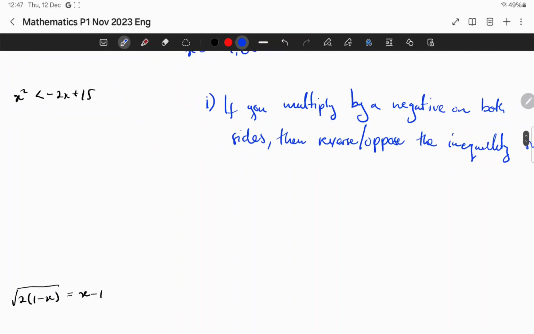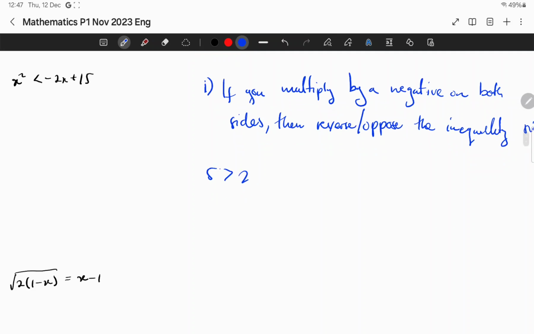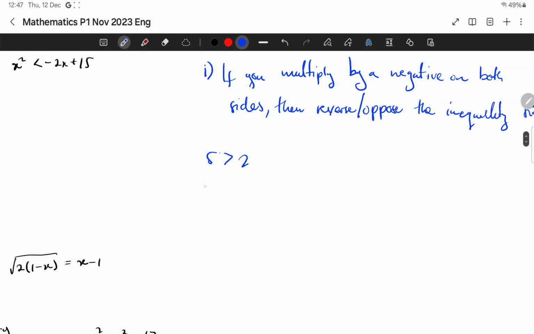And you can see how this makes sense. For example, if you had 5 is greater than 2, and I multiply by a negative on both sides, usually when you multiply by a negative on both sides of an equality sign, the equation remains true, but not so for inequality signs.